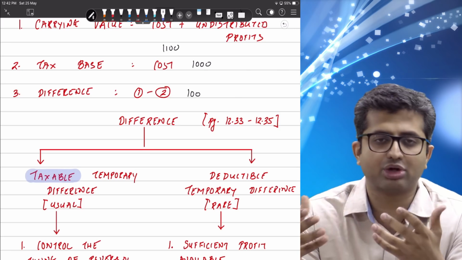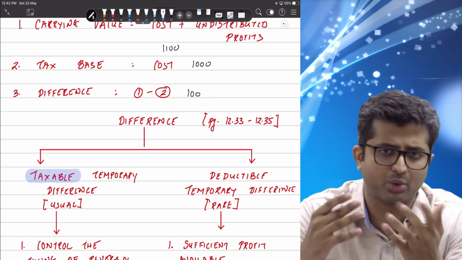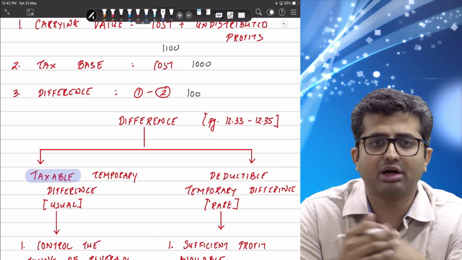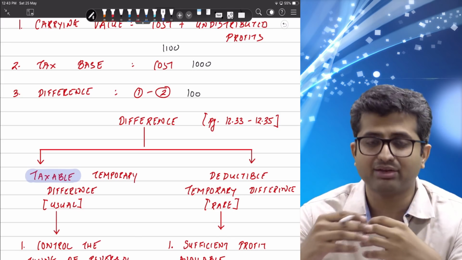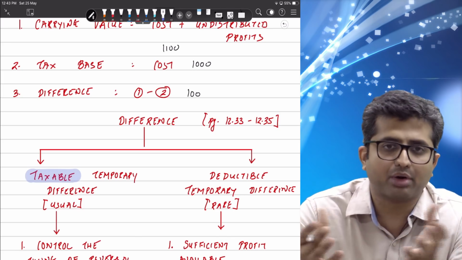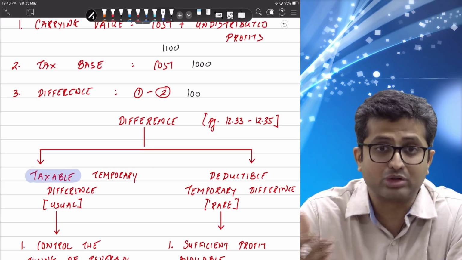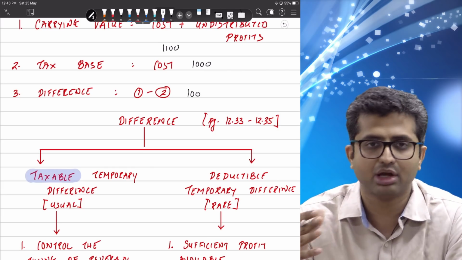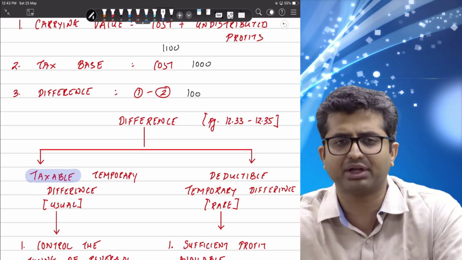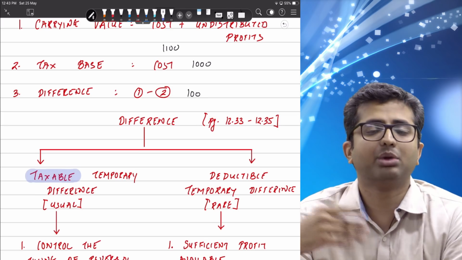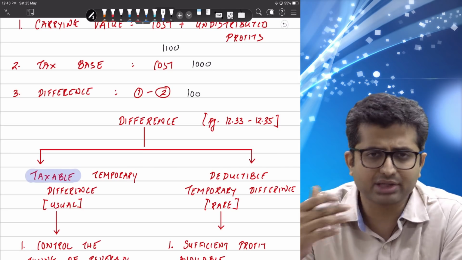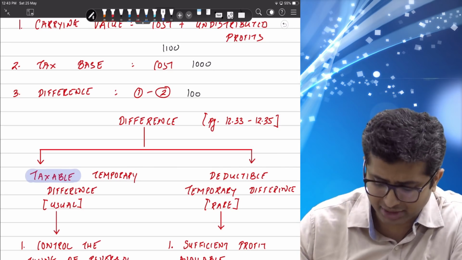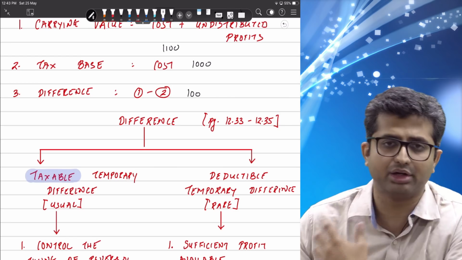Why? Because undistributed profits are recognized in books of accounts. You would pass the entry investment account debit to, let us say, consolidated P&L, and hence even if there are undistributed profits, they will get recorded in the books of accounts earlier. In income tax, undistributed profits will not affect the value of investment. It will not be recorded till the time dividend is received, and as a result, under income tax, there would be no income charge now.